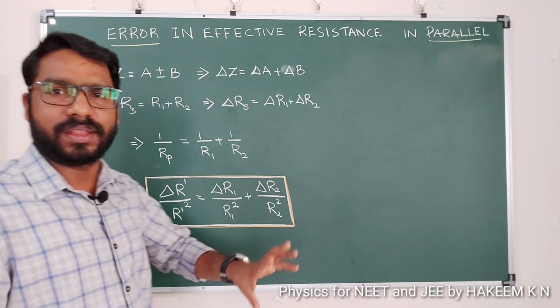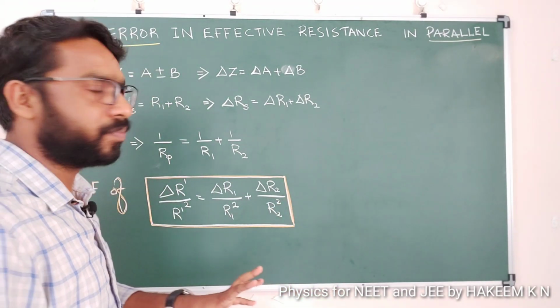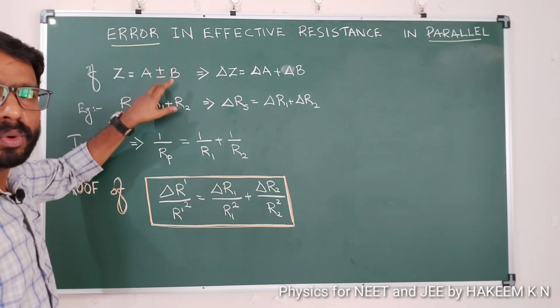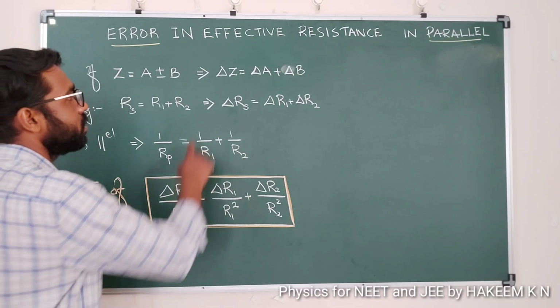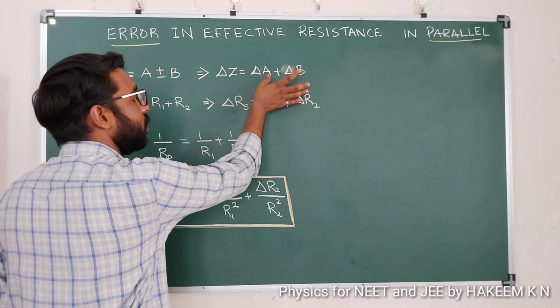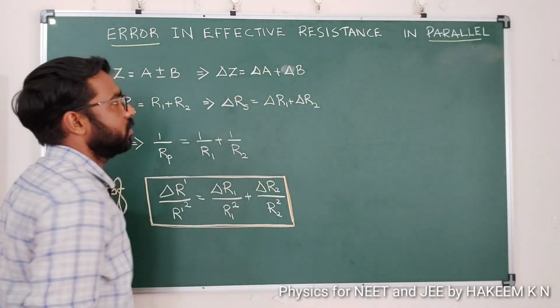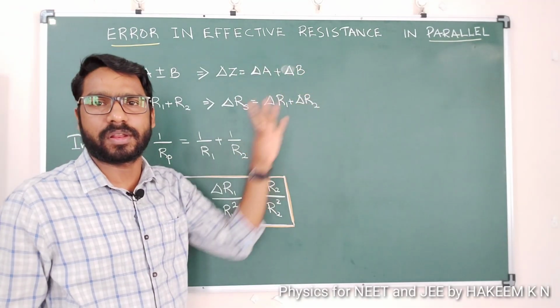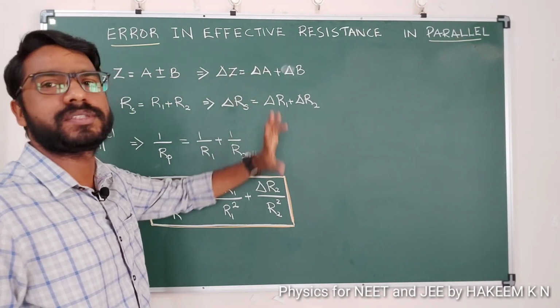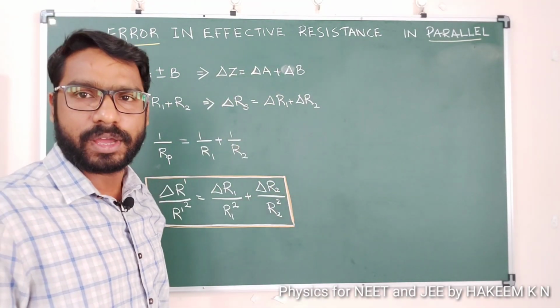You already know that if Z equals A plus or minus B, then the absolute error in Z is delta A plus delta B, error in A plus error in B. In addition or subtraction, absolute errors are always added.